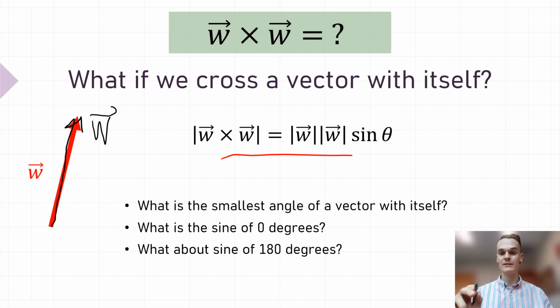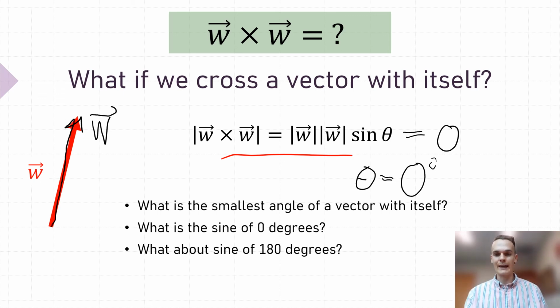It is 0 degrees. So theta, the theta that we're going to plug into our sine here, is equal to 0 degrees. What is the sine of 0 degrees? That is also equal to 0. So the cross product magnitude of a vector with itself is equal to 0.